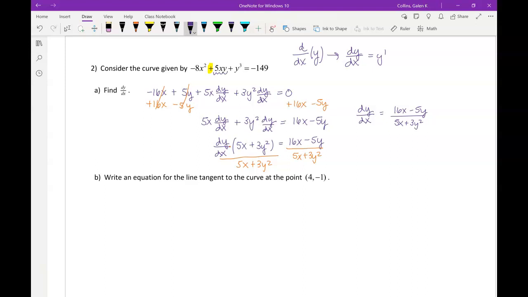All right, in part B, write an equation for the line tangent to the curve at the point 4, -1. So if I think about that, that is the point of tangency.